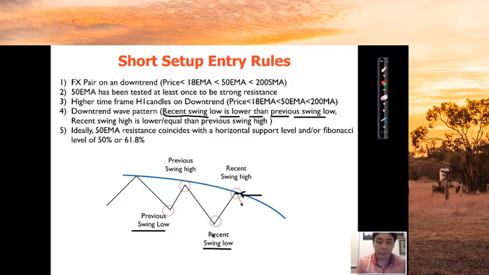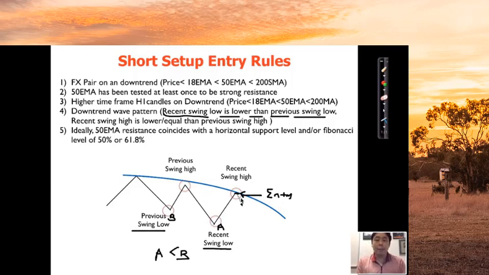For example, if this is point A, and this point B, point A has to be lower than point B for this to be a valid downtrend wave pattern. Next, the recent swing high, which is here, is our intended entry price. It's a recent swing high that we anticipate is going to come down, right?